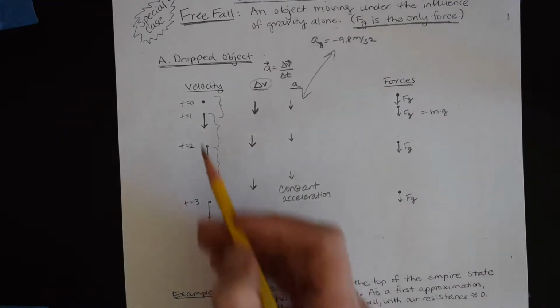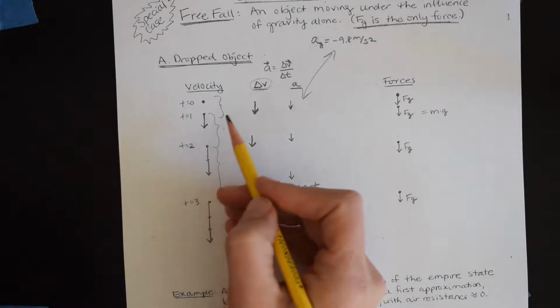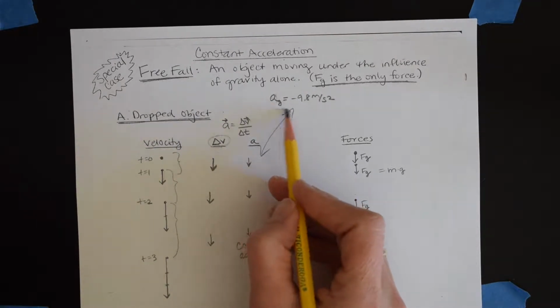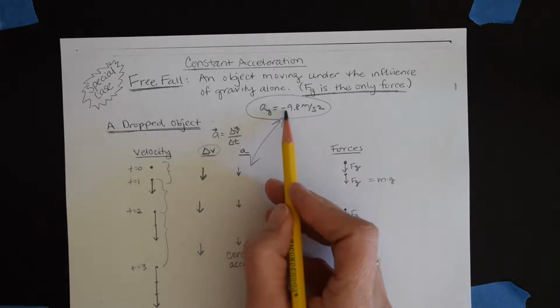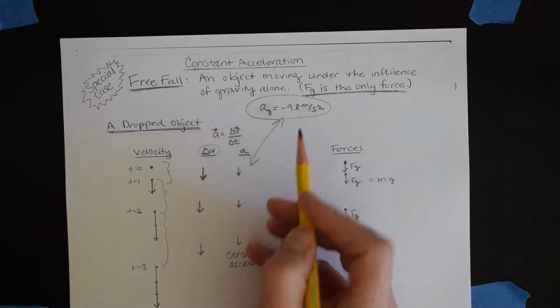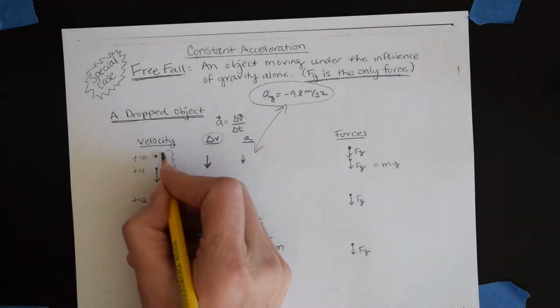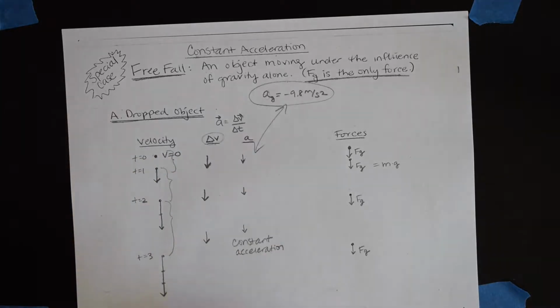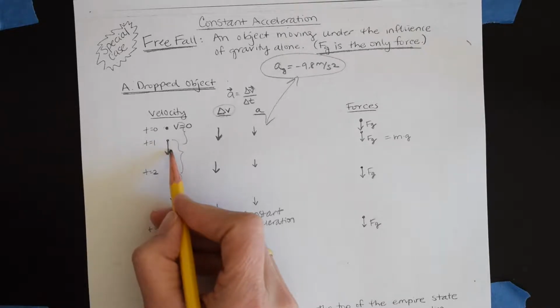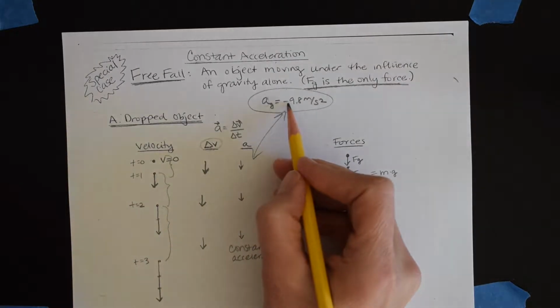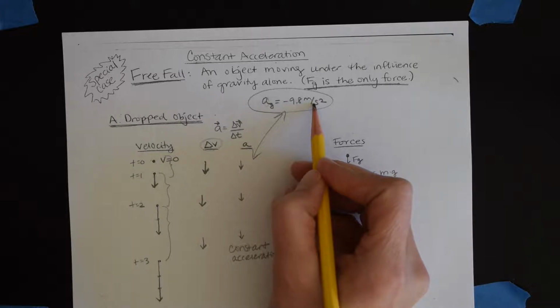And I'll just say one more thing about the velocities. For acceleration due to gravity, we can see that the velocity is changing by negative 9.8 meters per second every second. So if this is time 0, the velocity there is 0. After 1 second, what would the velocity be? What is this vector representing? Well, it changed by negative 9.8 meters per second during that second.